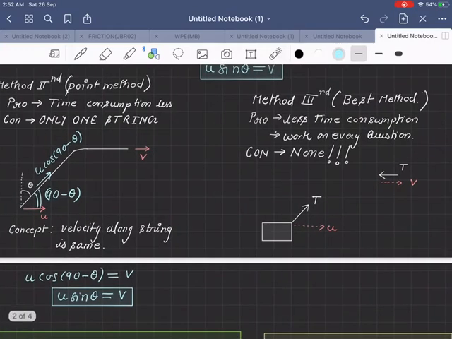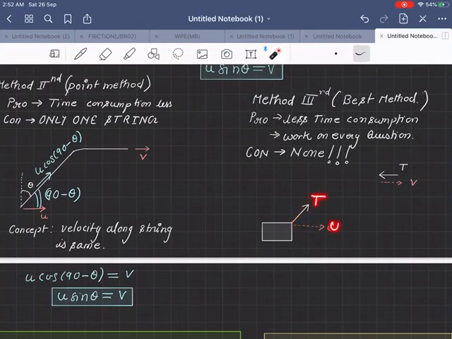Now let's see the third method, which has the same advantage as the second method, less time consumption, and it works on every question. It's not restricted to one string, it works on every question, and the con is actually none. So how it works, the concept here is we have to take the power of this thing. Why power?